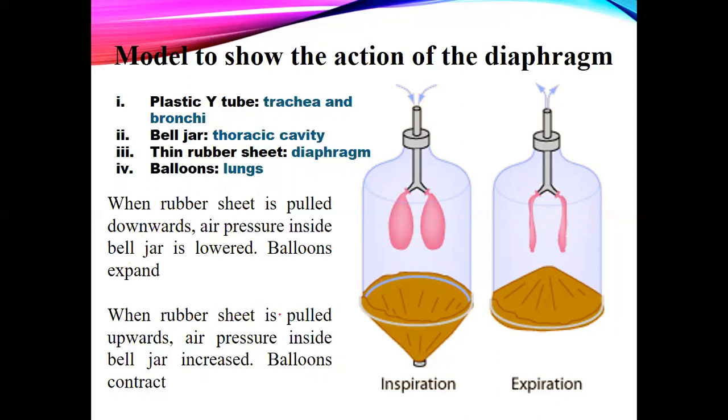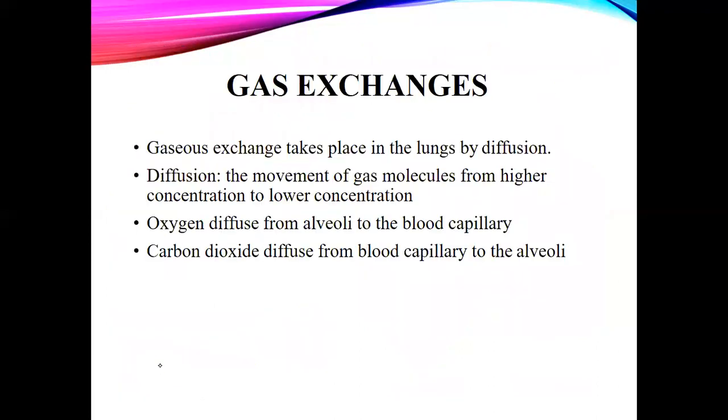But when the rubber sheet is pushed inward, the air pressure in the bell jar increases, and the balloon would contract. So this is inspiration, this is expiration, or this is inhalation or exhalation. We use them interchangeably: we can use inspire, expire, inhale, exhale. Now let's talk about the gas exchanges.